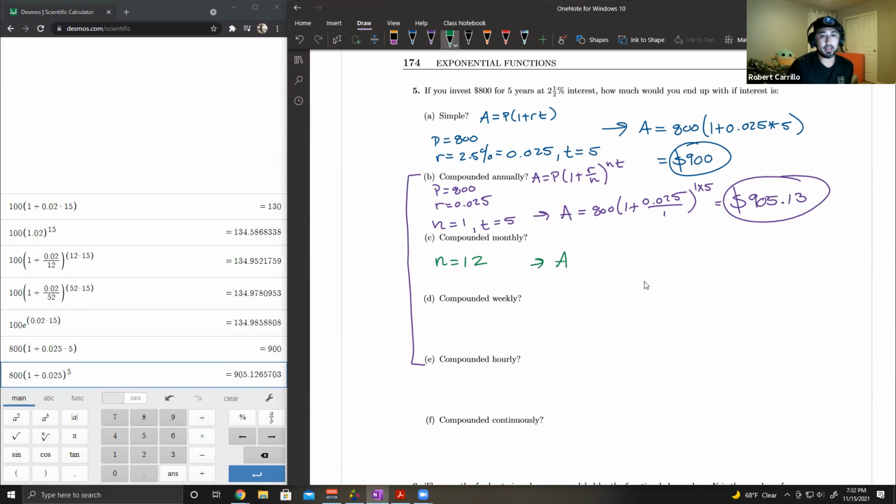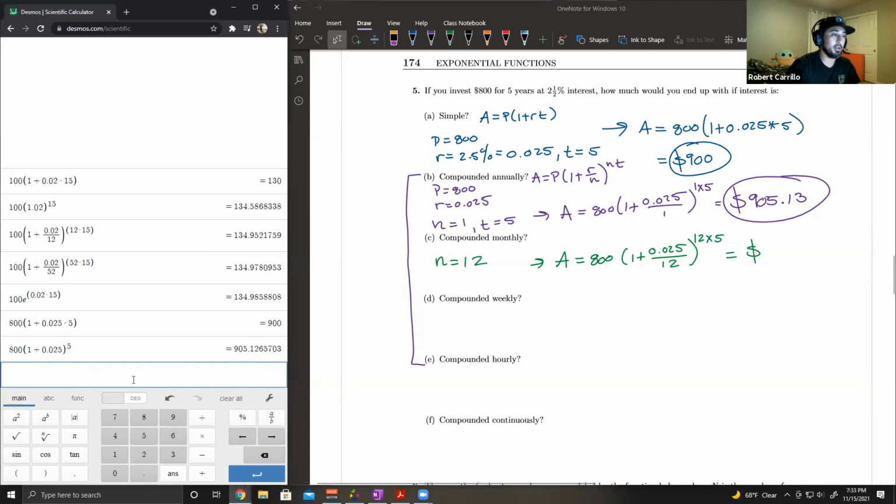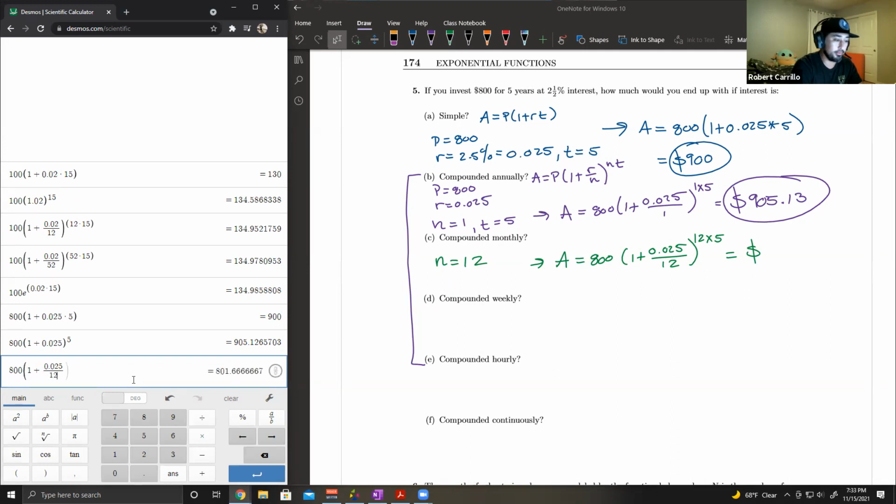Then monthly, the only thing that changes here is 12. That'll be A equals 800 times 1 plus 0.025 over 12, raised to the 12 times 5.